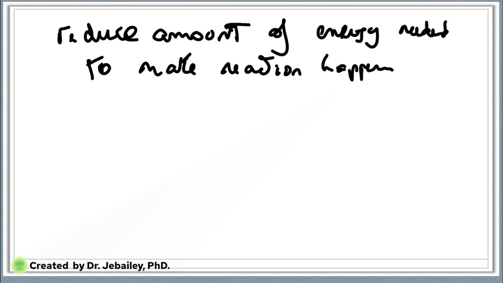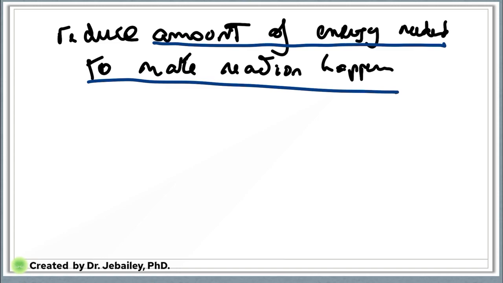Now, what do we call this thing, the amount of energy needed to make the reaction happen? It is known as the activation energy.